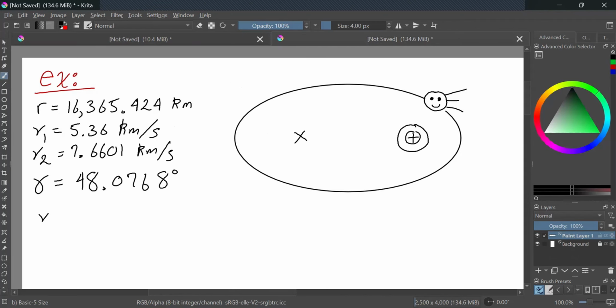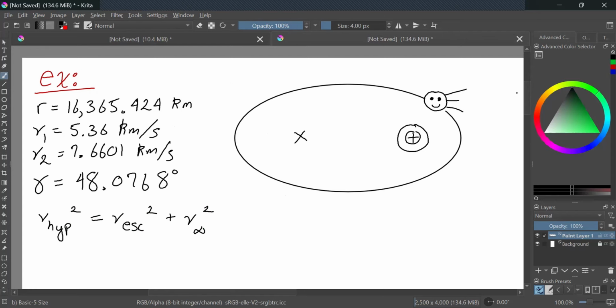We have V hype squared is equal to V escape squared plus V infinity squared. I don't know how to pronounce that otherwise, so it's just infinity.